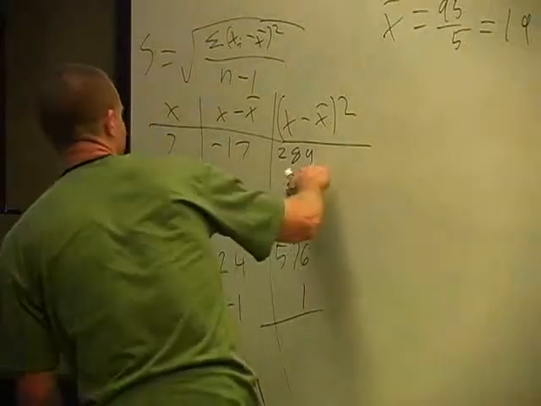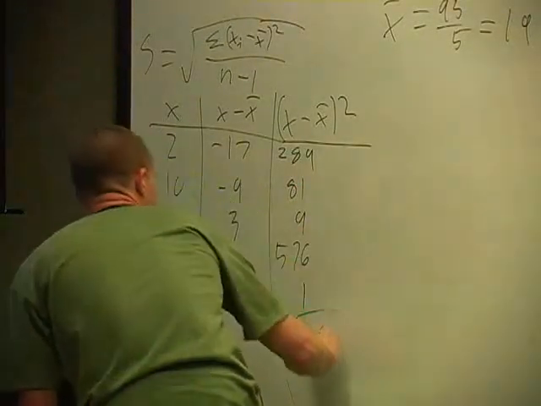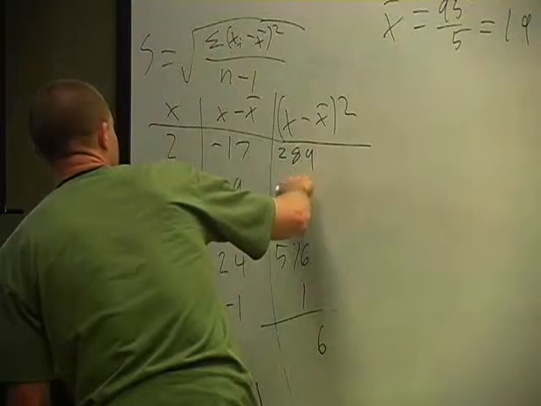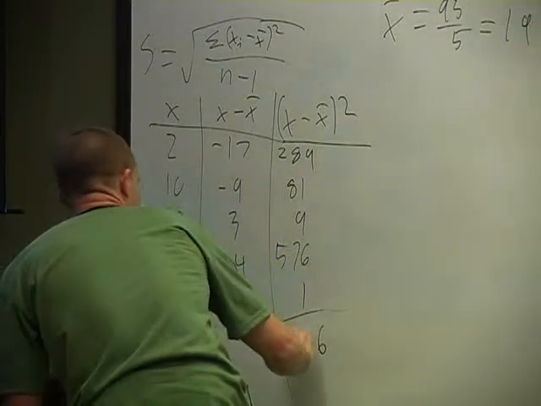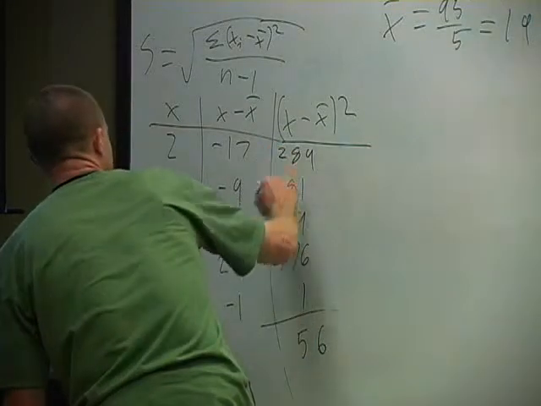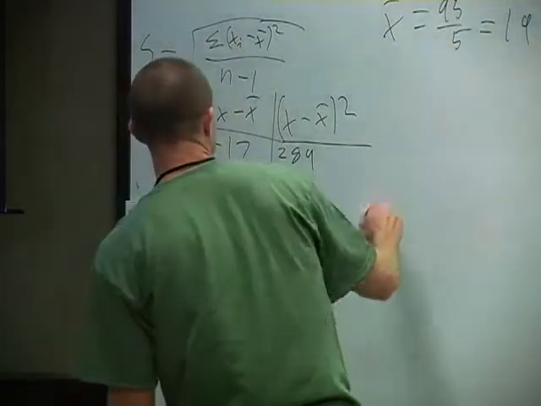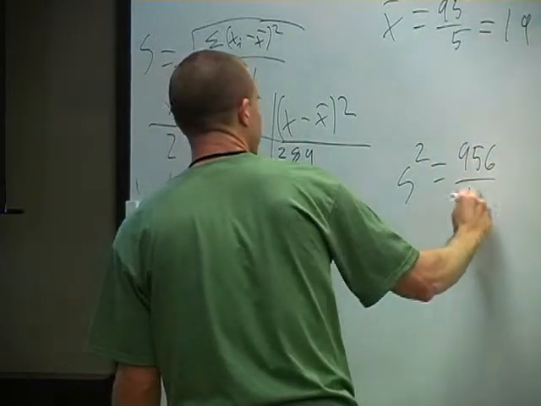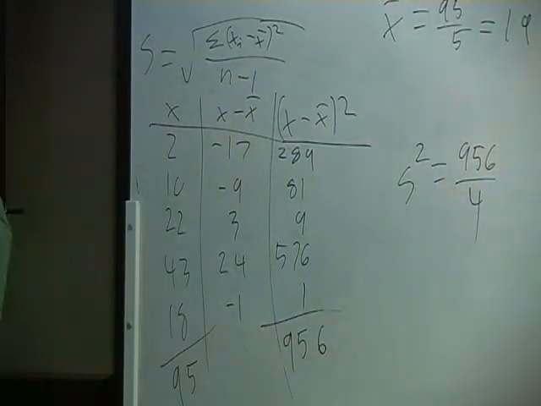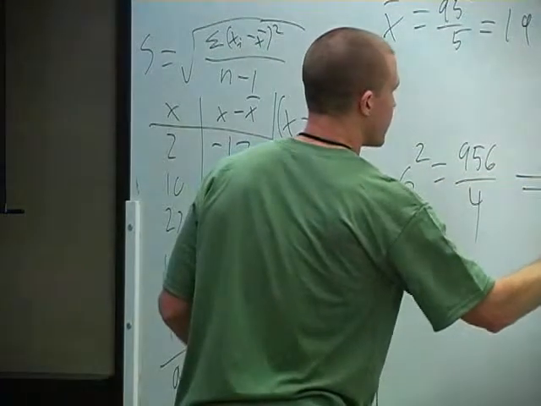Okay, 10, 20, 26, carry the 2. 18 and 7 is 25, carry the 2. 956, does that look right? 956 over 4, 239. So 239 is your variance.